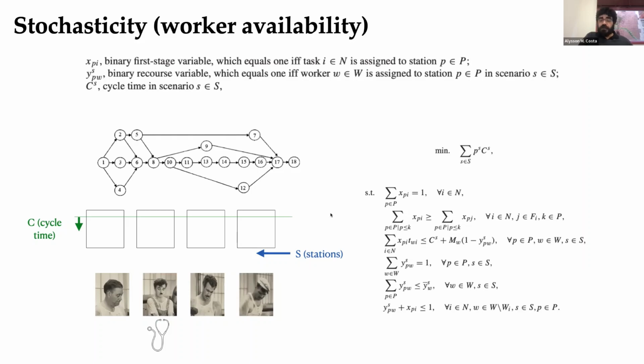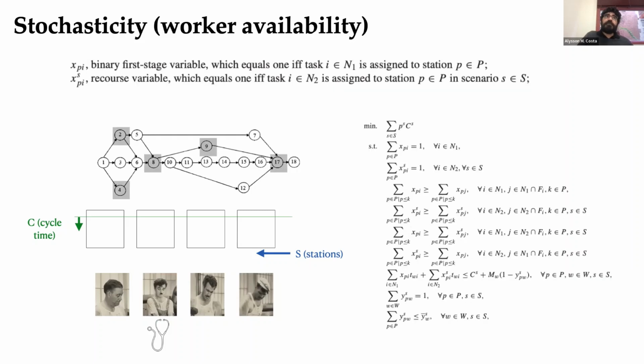So again, we had some results on this. And another variant of this problem was the idea that sometimes you can move these tasks at the beginning of the day. As an example, you realize which workers are there, and then some of the tasks you cannot really move because they depend on tools or something that's particular to that station. But some tasks you can easily move around the stations, as long as we respect the precedence constraints.